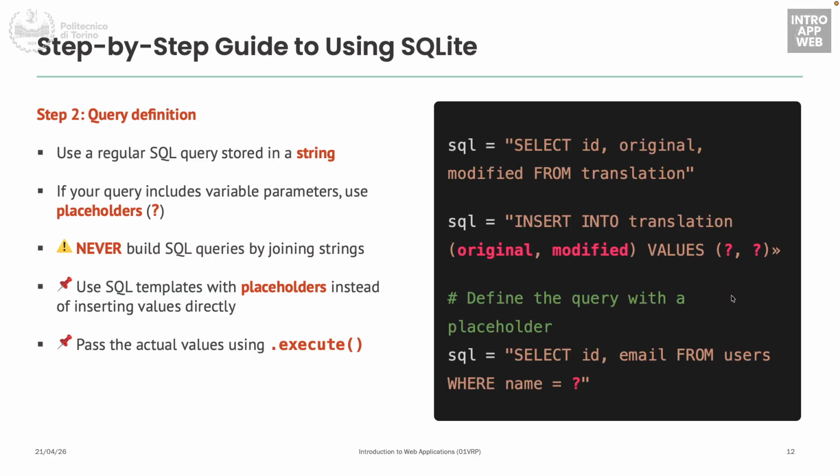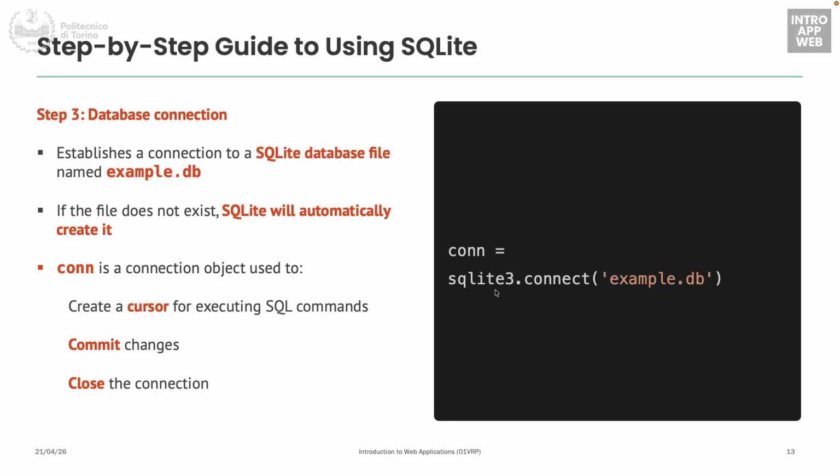Then once we have defined the query, the next step is to execute such query, but for doing that, first of all, we have to connect with the database. In this case, we said we're going to use a SQLite database, which is basically represented as a file.